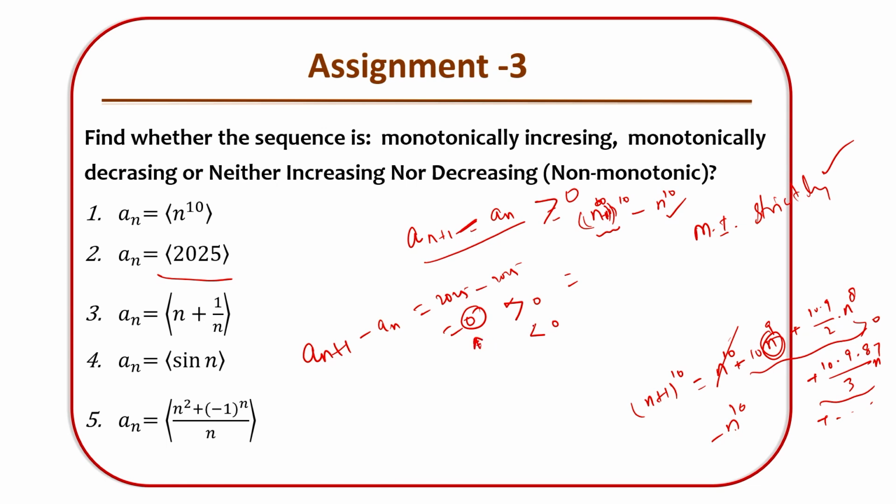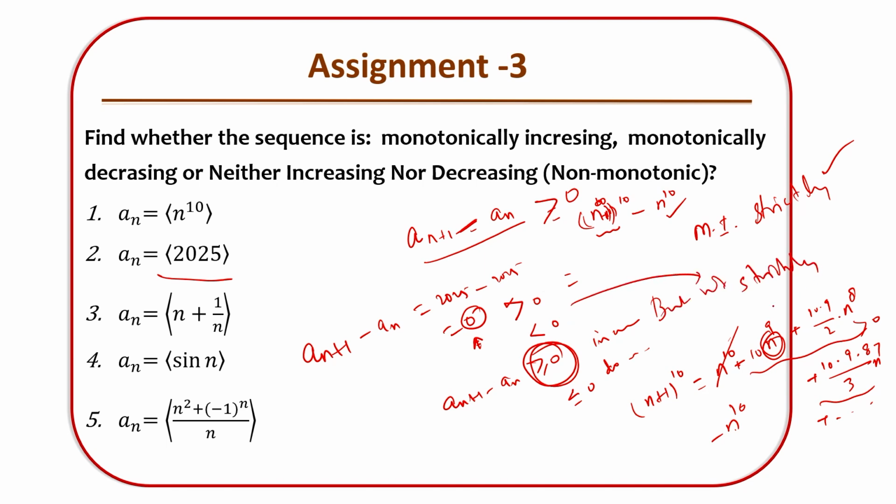So in layman's language, we can see that a(n+1) minus a(n) greater than or equal to 0 will give us an increasing sequence or decreasing sequence, but not a strictly decreasing or strictly increasing sequence, right? So this is the way to do this.